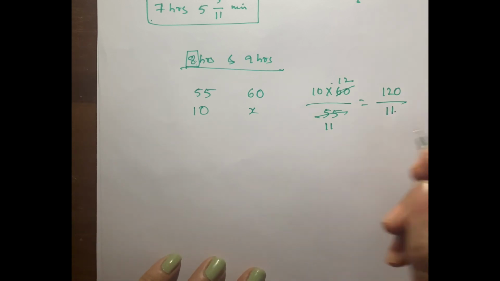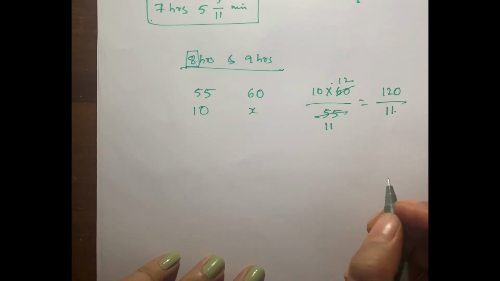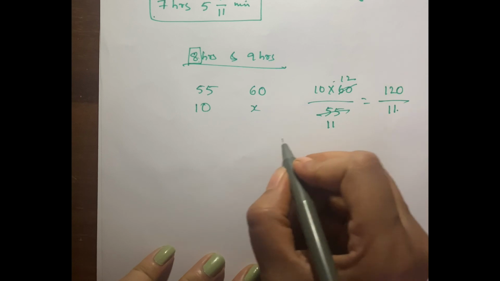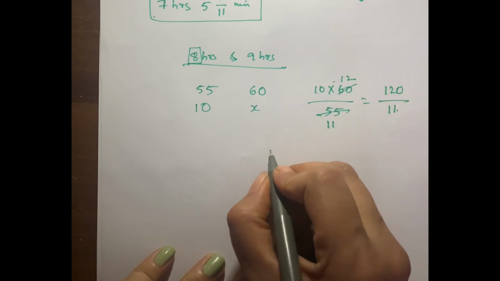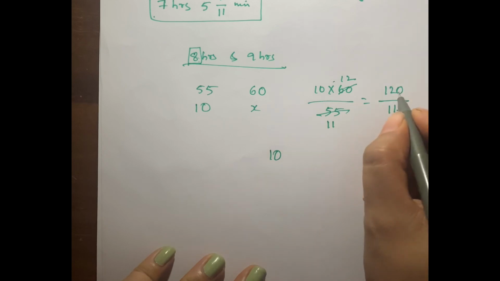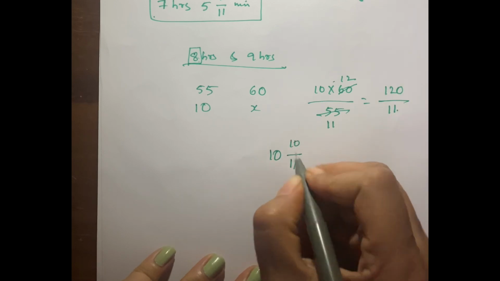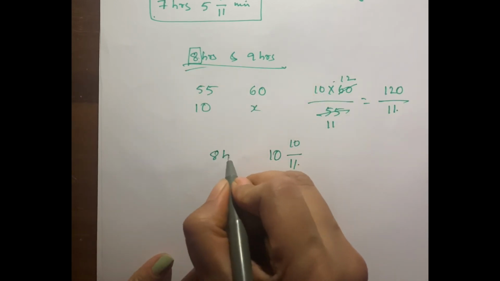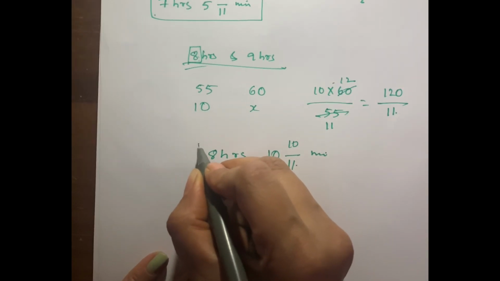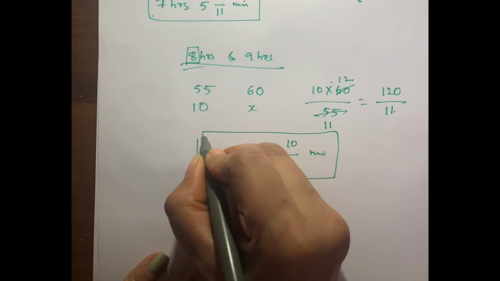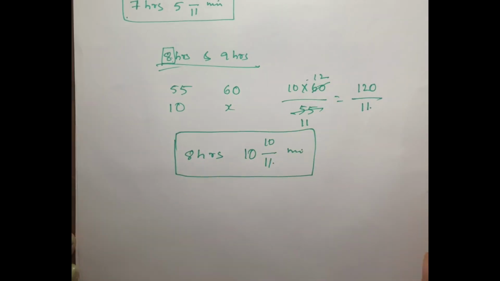Again, if you are good at calculation, there is no need of putting that division here. So now it is 11 tens are 110, 10 is remaining, divided by 11. How many hours? 8 hours. So 8 hours, 10 by 11 minutes is the answer.